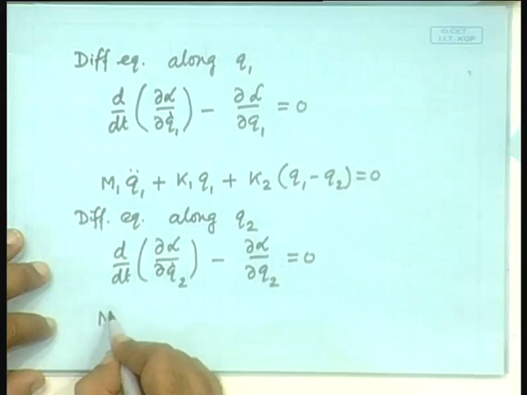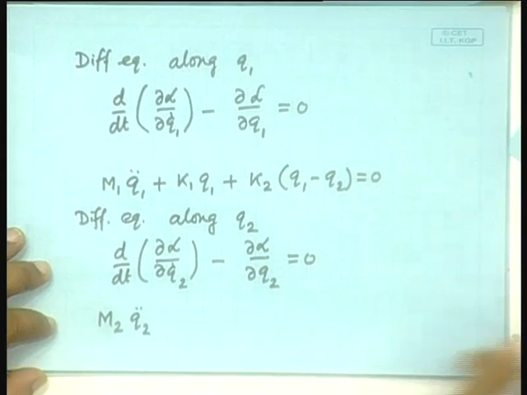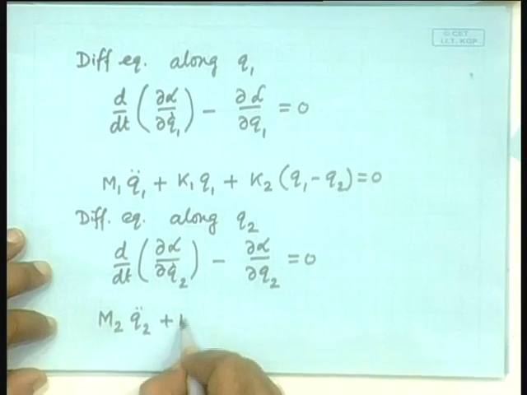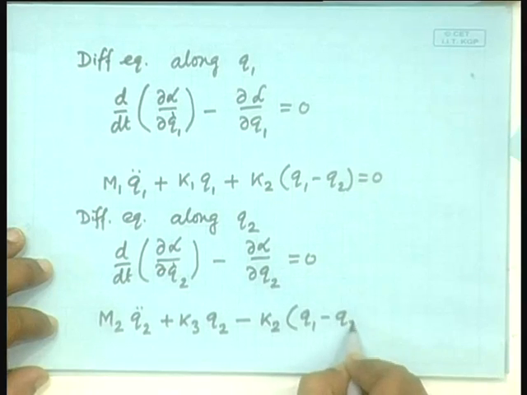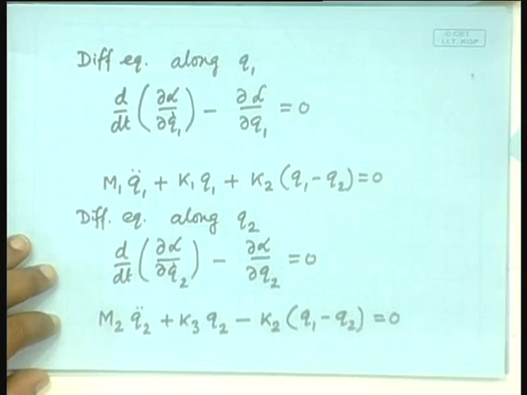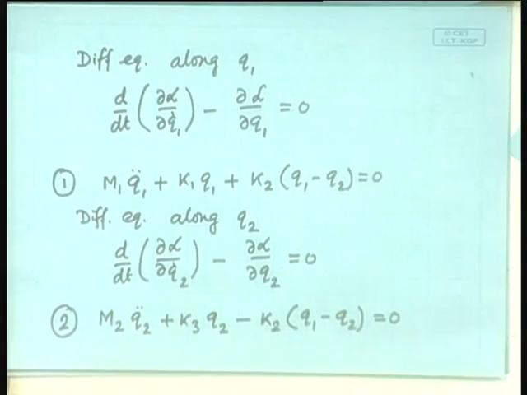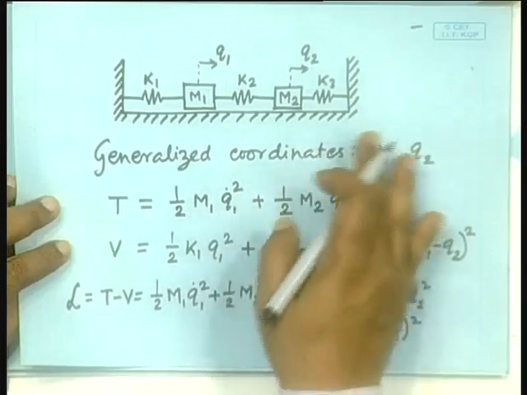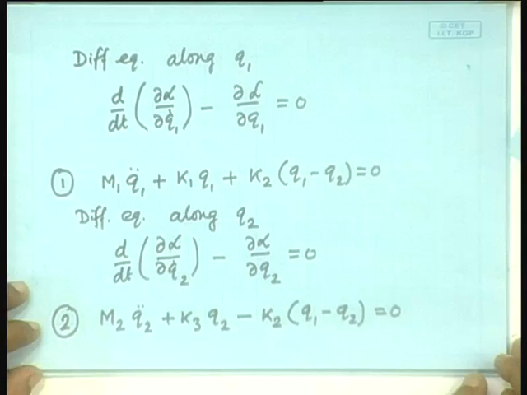Substitute, you get m2 q2 double dot plus k3 q2 minus k2 q1 minus q2. So, this is the first equation and this is the second equation along two different directions, simple. We did not have to bother about individual bodies, and you can easily see that if there were n number of bodies, still we could do the same procedure pretty simply. Clear?